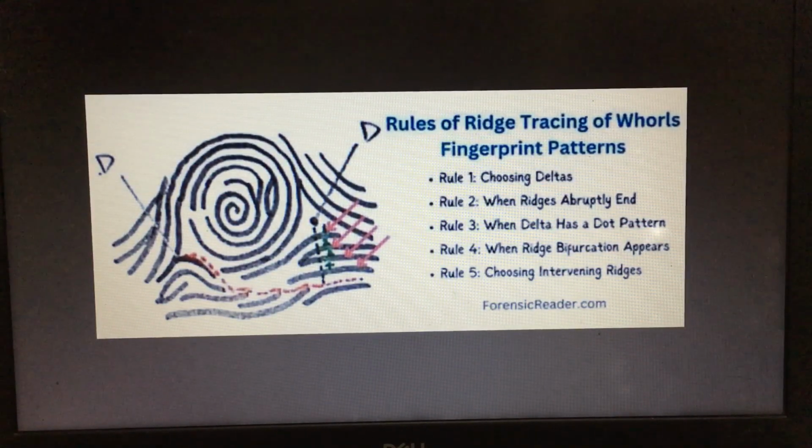Sometimes the left delta will just be a ridge dot, as deltas are sometimes formed in loops. To begin the trace, start on the dot and then immediately drop down to the first ridge below.